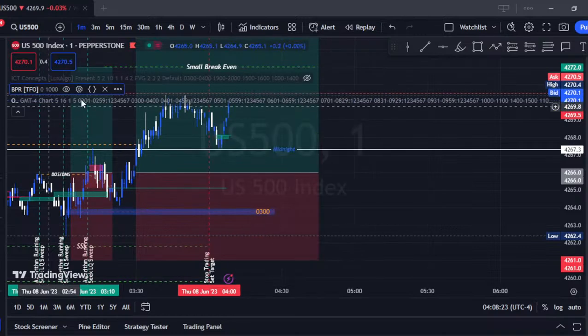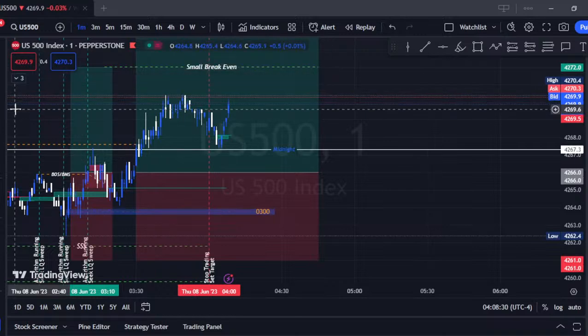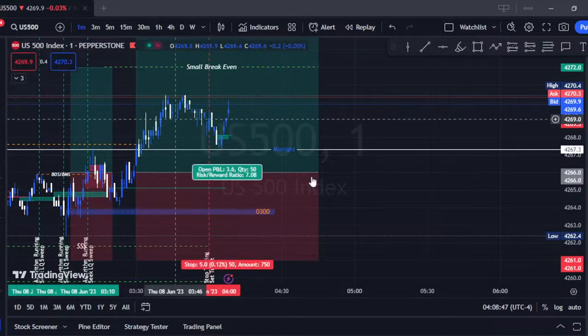This is very handy because before I used this indicator, especially for the BPR, I was missing a trade. I took a buy when it should be a sell, just because I missed the first small little BPR. That's just really bad.